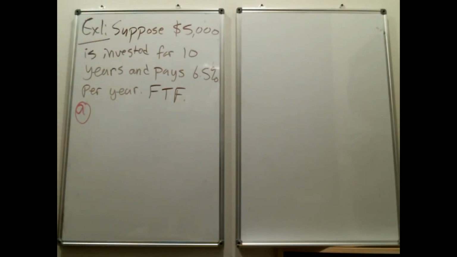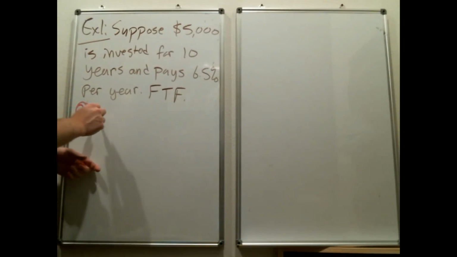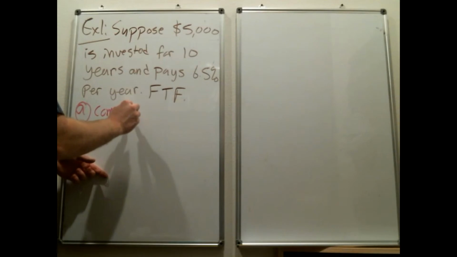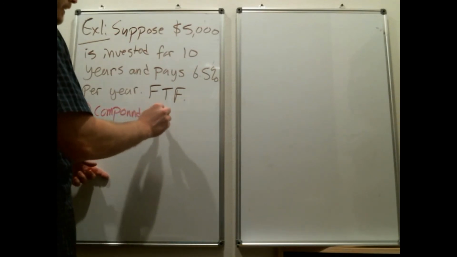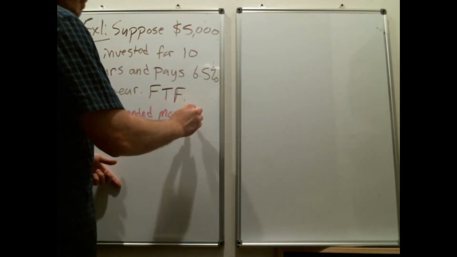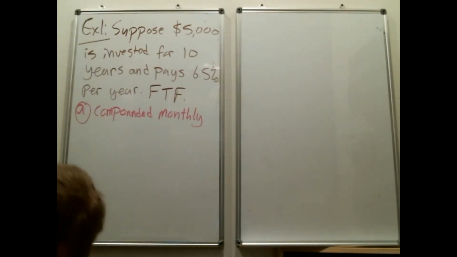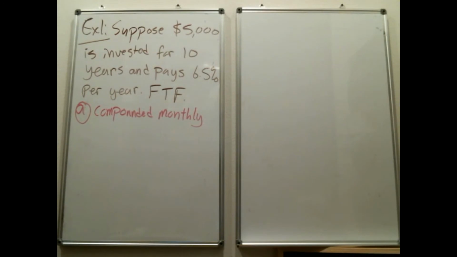Let's look at part A, and let's say I want to determine the amount compounded monthly. So what is the total amount in this scenario if it's compounded monthly?